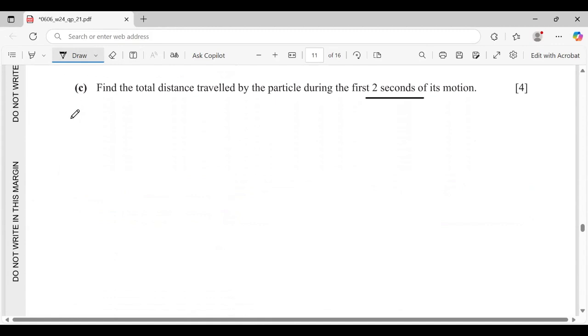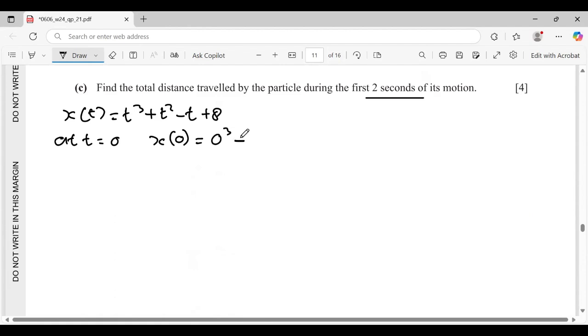The displacement function I would like to write in here, x(t) equals t cubed plus t squared minus t plus 8. At t equals 0, the displacement becomes 0 cubed plus 0 squared minus 0 plus 8, equals 8.